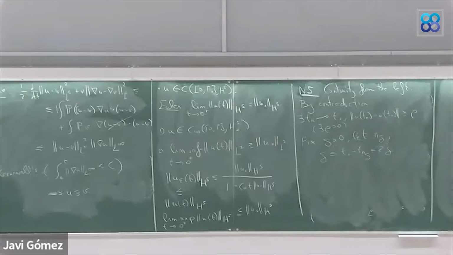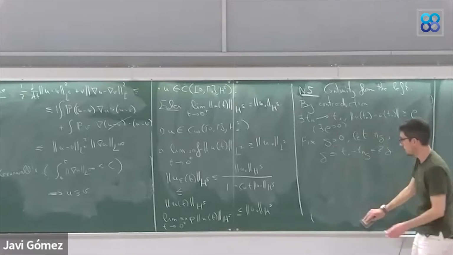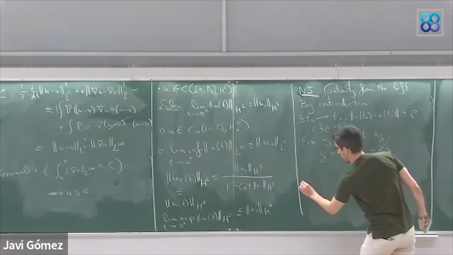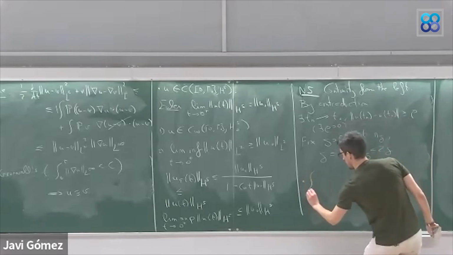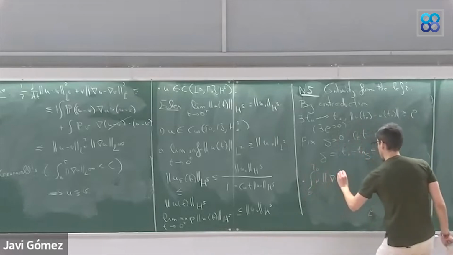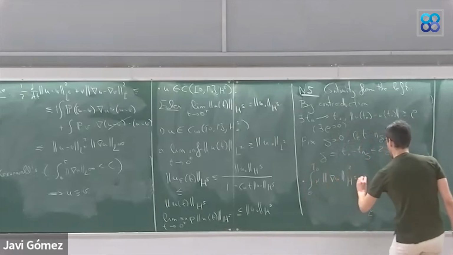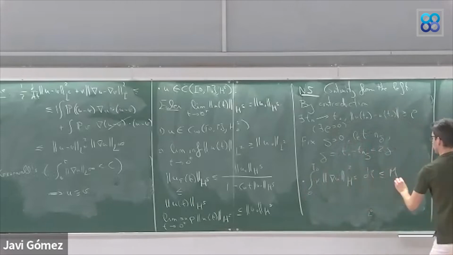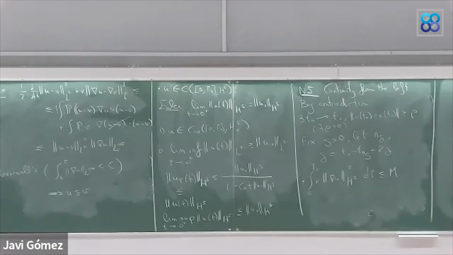Now we want to use the dissipation, as I said. The extra knowledge that we have here is that the integral from 0 to t0 of nu times the norm of nabla u in Hs squared is controlled from the energy inequality before. So in particular, we have that extra regularity for almost every time.